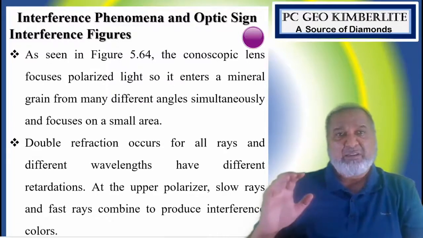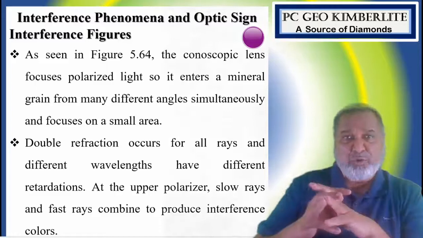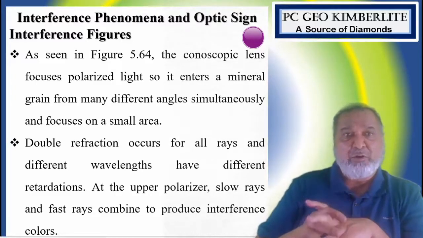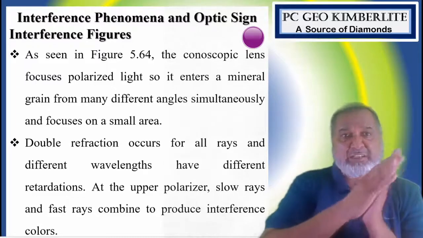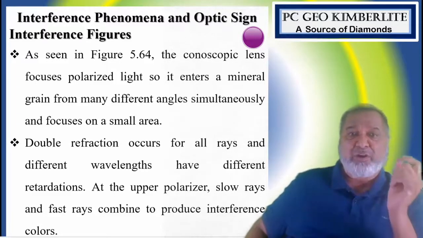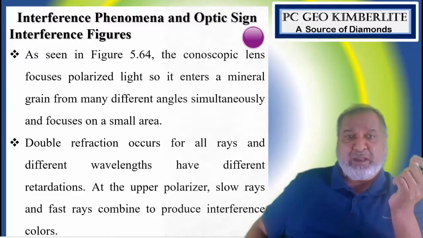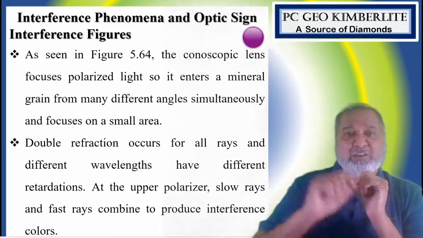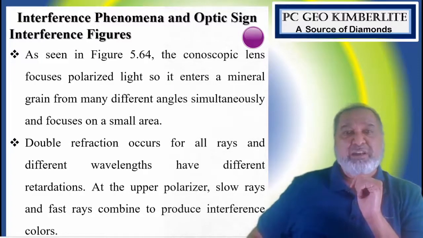As seen in the figure, the conoscopic lens focuses the polarized light so it enters a mineral grain from many different angles simultaneously, focused on a small area. Double refraction occurs for all rays, and different wavelengths have different retardations. As the upper polarizer passes them, the slow rays and the fast rays combine to produce interference color.